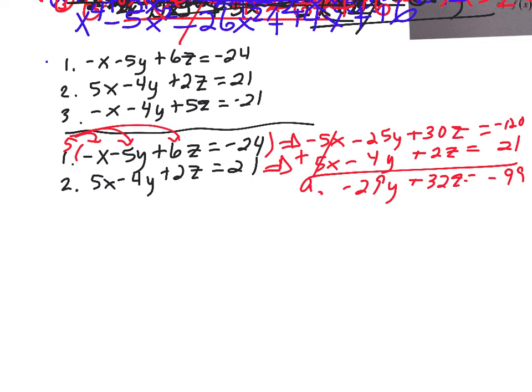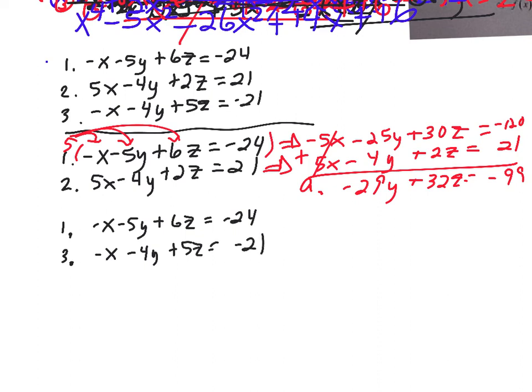All right, now you're going to rewrite 1 and 3. So equation 1 is negative x minus 5y plus 6z equals negative 24. And 3: negative x minus 4y plus 5z equals negative 21.